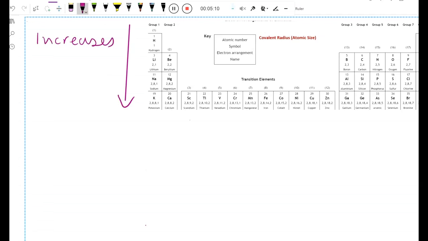And across a period, we have a decrease. Okay, and we're going to explain why.